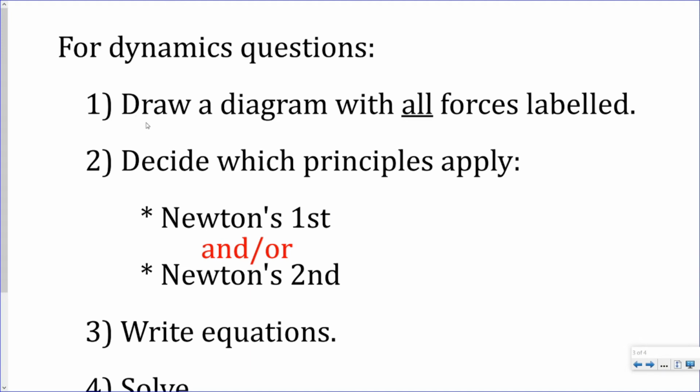Number 1 is draw a diagram with all forces labeled. This is so key. Do this. Don't think, oh, I know what's going on, I don't need to do this. You have to do this. Most of the time, if you make mistakes, it comes back to you got the forces on your diagram incorrect. So make sure that you spend a lot of time drawing the diagram and making sure all forces are on there and they're all in the right way.